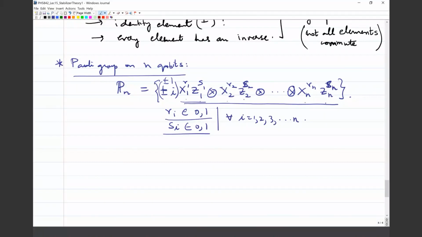So now let me formally define what a stabilizer is, right? Having defined the n-qubit Pauli, let me formally define a stabilizer.